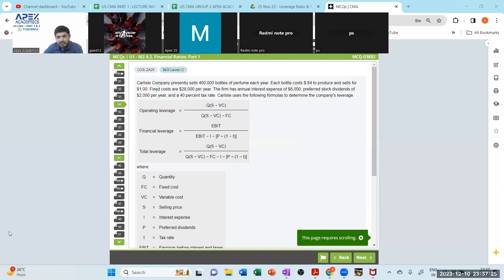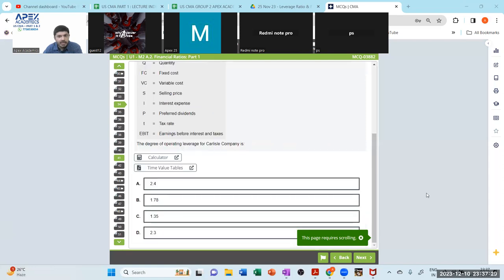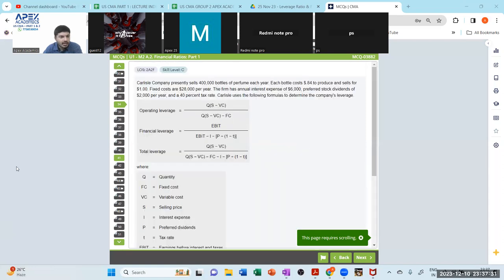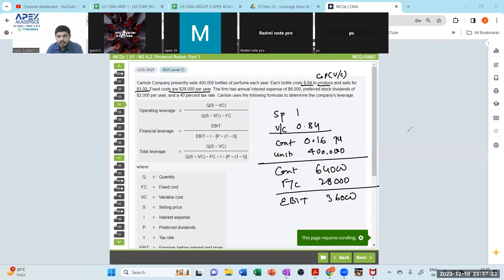What are they asking? Degree of operating leverage. What is operating leverage? Contribution upon EBIT. 64,000 divided by 36,000. 64 divided by 36. What is the answer? 1.78.